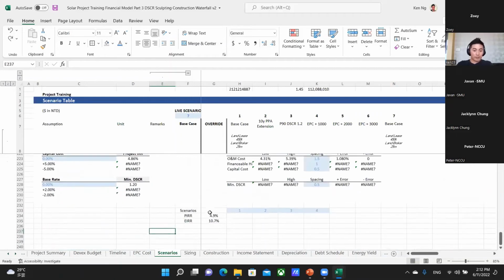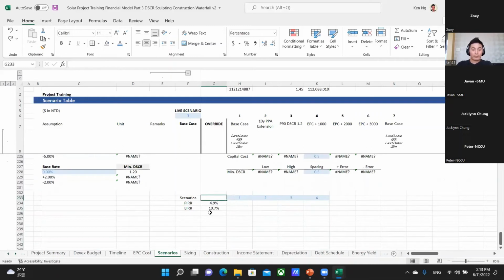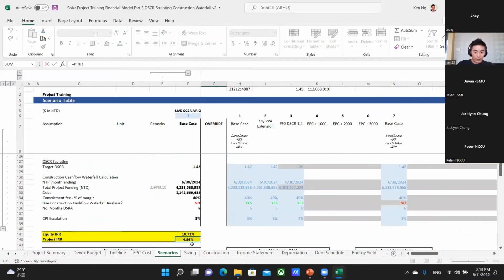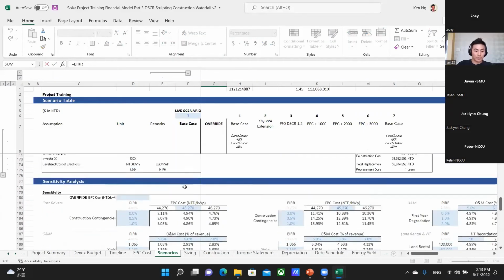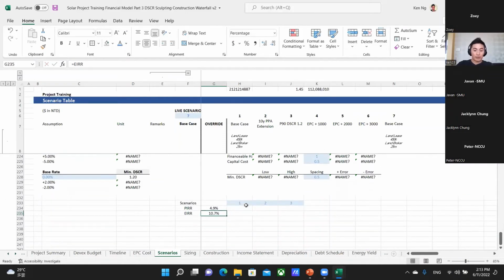Let me just give you a specific example. Let's say, for example, that you have these 3 scenarios over here, right? So let's say you want to do a data table showing the project returns and the equity returns. So the project return is here, the 4.86%. The equity return is here, the 10.7%, right? So let's say you want to do a snapshot using data tables as to what the returns look like under case 1, case 2, case 3.